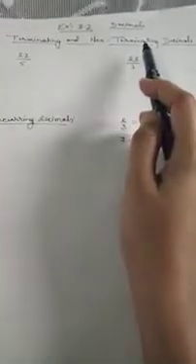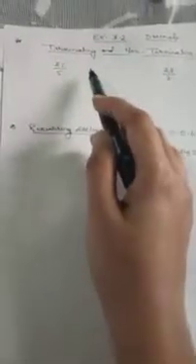So students, today exercise 3.2 decimals, terminating and non-terminating decimals. What do you mean by terminate? It means to end. Decimals which have an end point are called terminating decimals, and the decimals which have no end point are called non-terminating decimals.